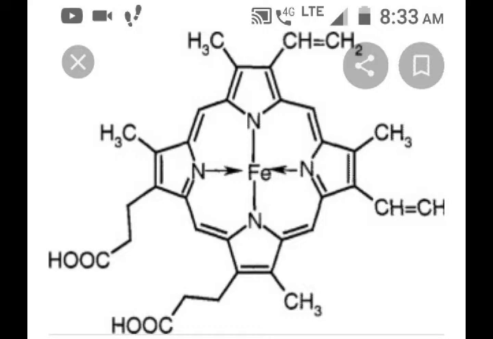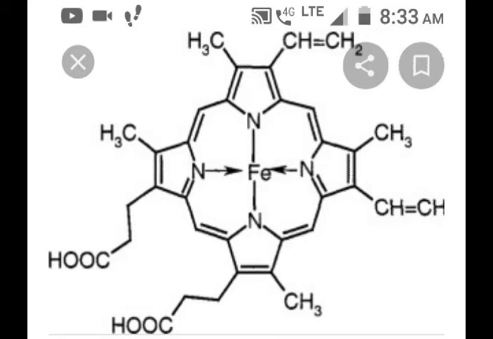Methemoglobin means the Fe2+ ion is oxidized to the Fe3+ state. At that time, oxygen doesn't bind to it. So at that time, this methemoglobin reductase, which is present in our body, will reduce the methemoglobin to hemoglobin.